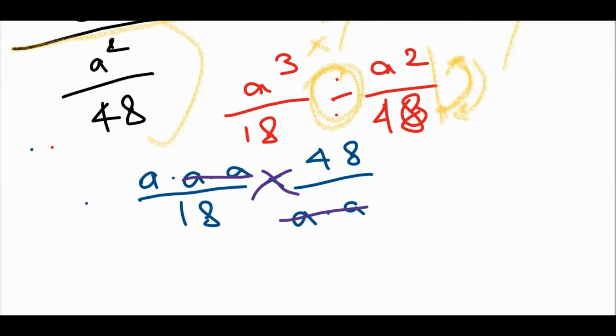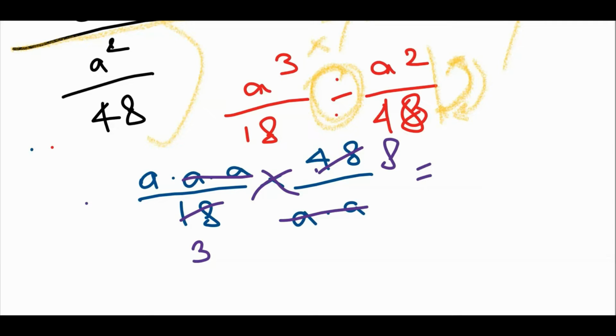Now let's simplify 48 and 18. Okay, they both can be simplified by 6, so let's do it. 18 divided by 6 is 3, and 6 times 3 is 18, and 6 times 8 is 48. Now let's merge these in.